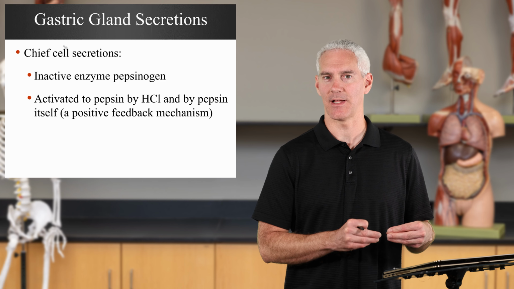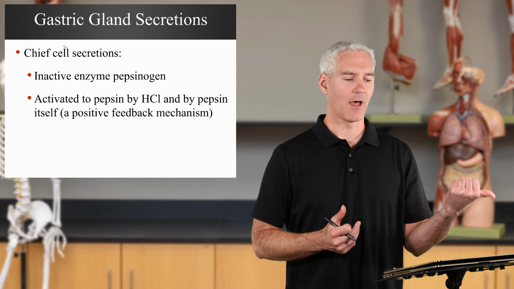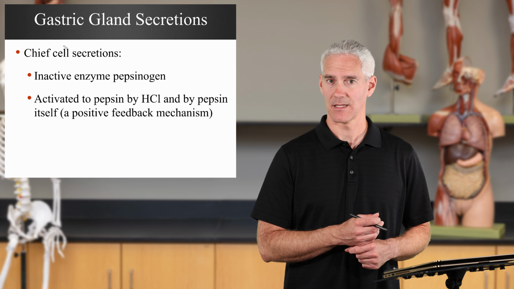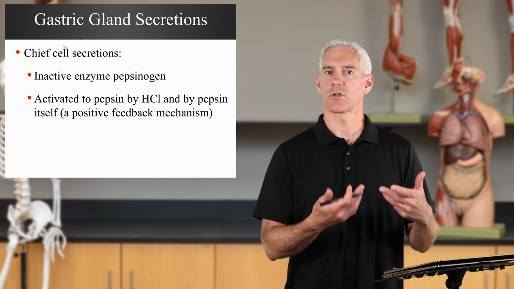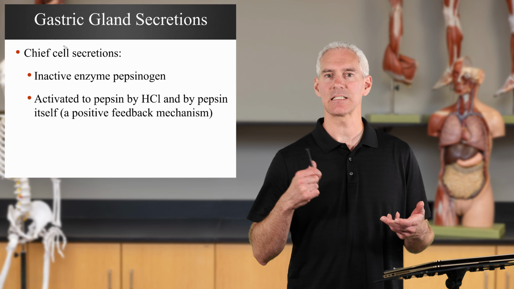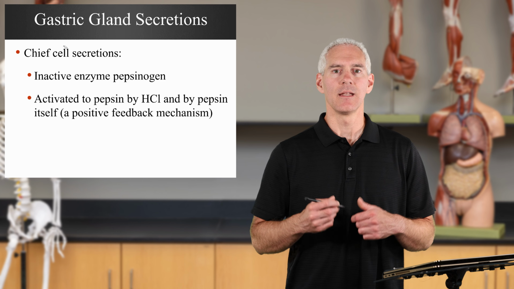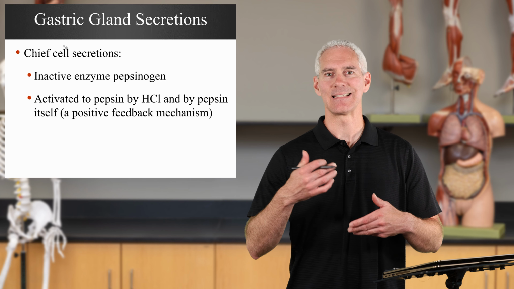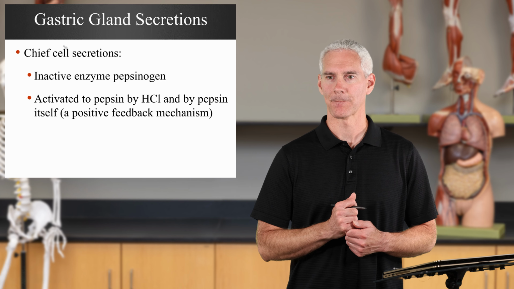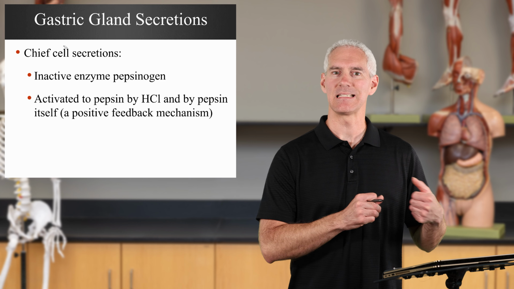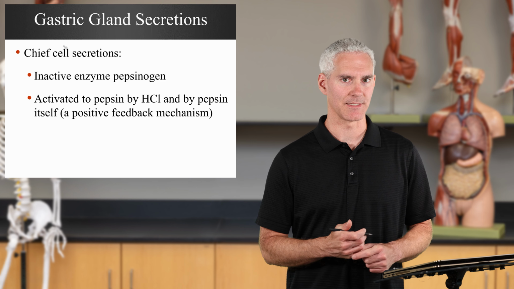It's an inactive enzyme. The other cells, the parietal cells, then are going to secrete hydrochloric acid, which will activate the pepsinogen into pepsin. Now, once you have pepsin, it can self-activate as well.